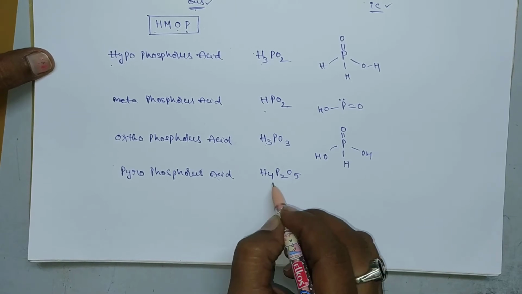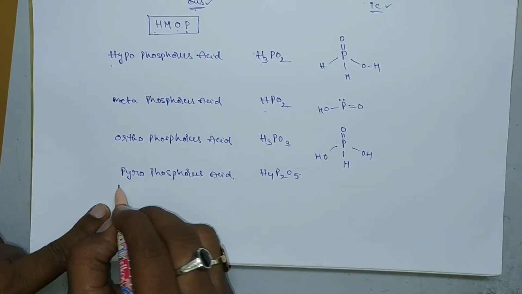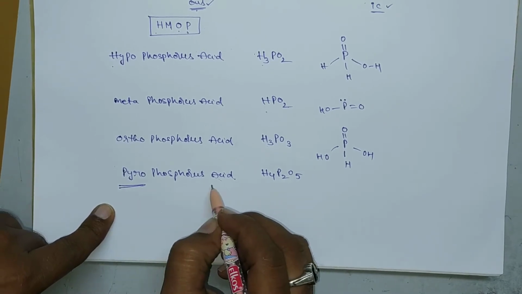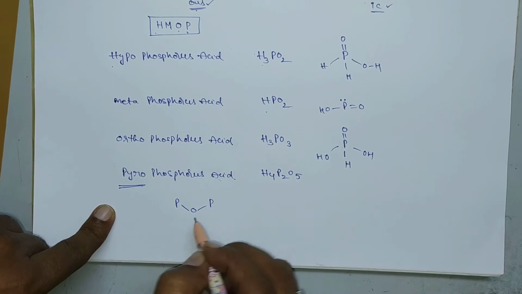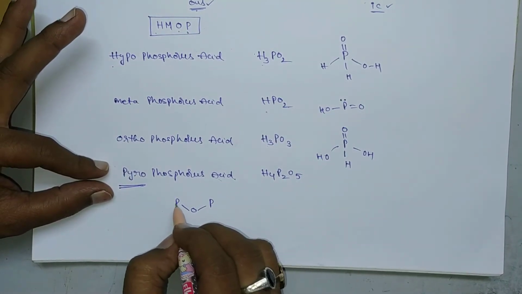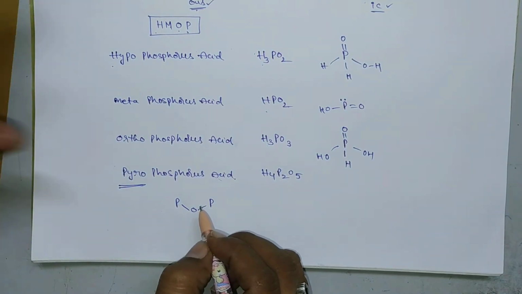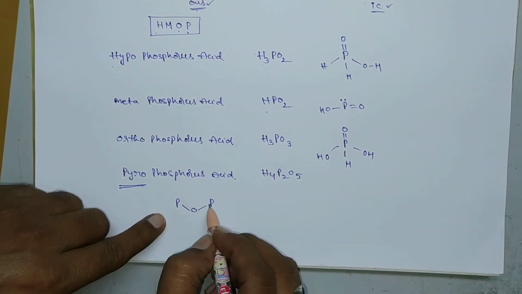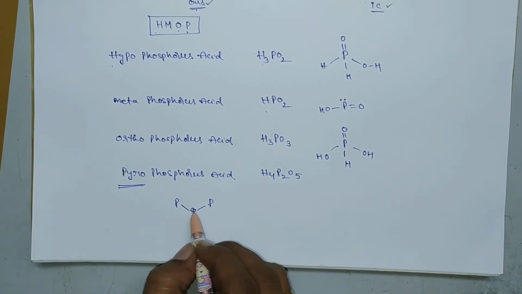And next H4P2O5, which is called pyrophosphorus acid. Pyro means there should be a POP bond in the molecule. If it is a pyro molecule, it should consist of a POP bond. If it is oxyacids of sulfur, then it consists of an SOS bond. Okay, clear? Pyro acids consist of a POP bond.